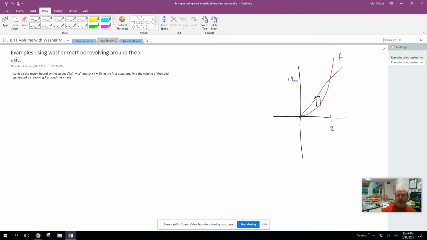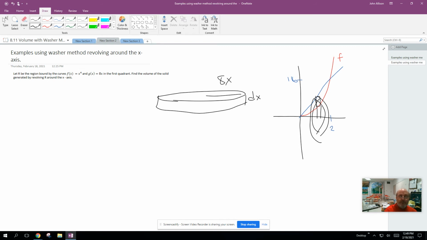I'm going to draw one rectangle, but I'm going to do the large rectangle, and then we'll take out the smaller rectangle in a few moments. So we're going to generate this disk with width dx and radius. The blue line is g of x, so that's going to be 8x.